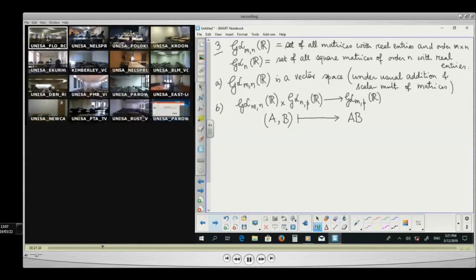This multiplication has some properties, we know this whenever these additions are defined.